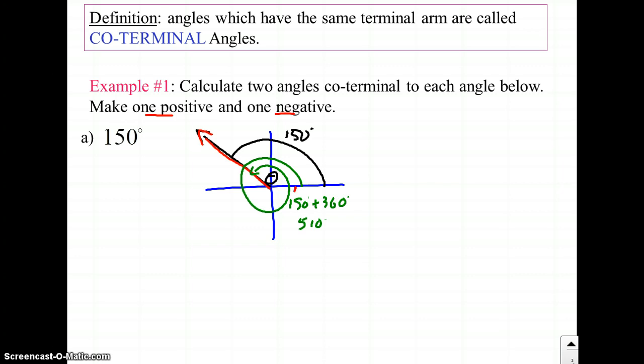If I go in this direction, there's my terminal arm. So I went in this direction, which would be 360 take away 150. So 360 less 150, I'd have a negative angle of 210 degrees. So this angle's negative 210. So that's how we make coterminal angles. They must have the same terminal arm. So 510 and negative 210.